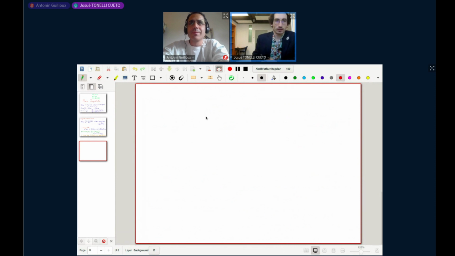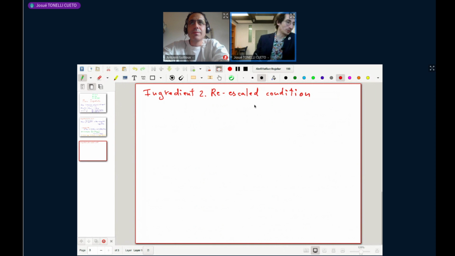Okay, so now let's go with the second ingredient. So ingredient 2, the rescaled condition numbers. I mean, this is probably one of the most technical definitions that one uses, because usually we will use the traditional condition numbers.